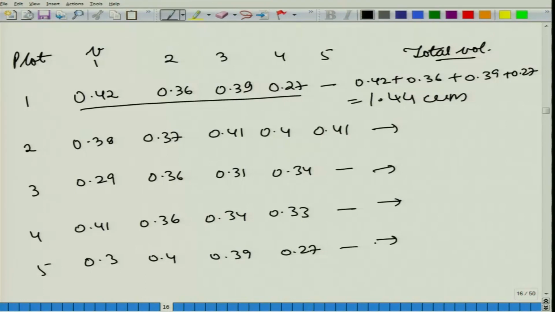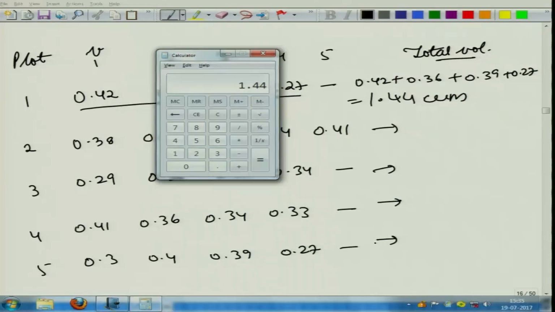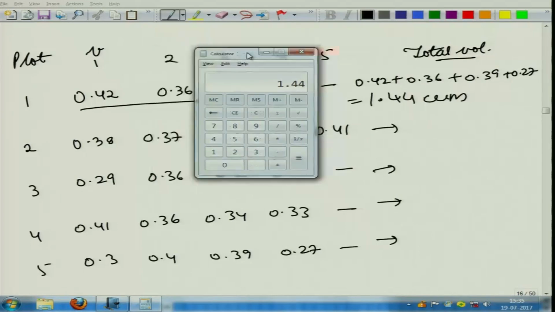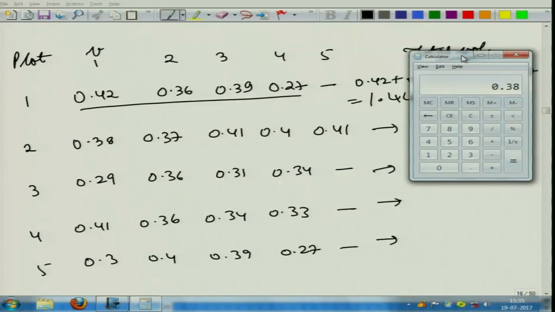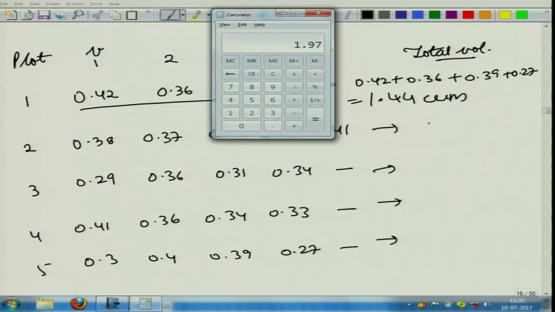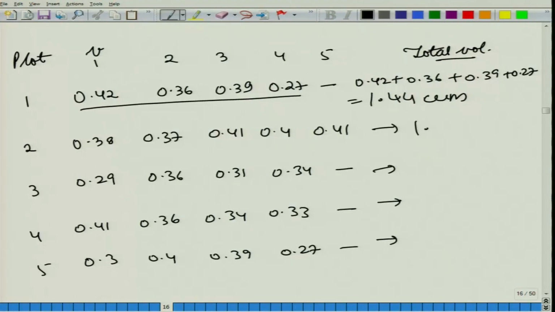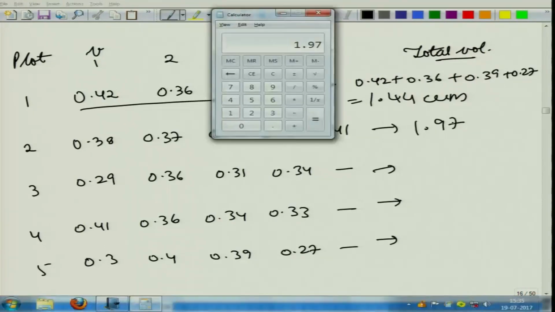So, we can compute the total volumes for each of these sample plots. In the case of the second sample plot, here we have 0.38, 0.37, 0.41, 0.4 and 0.41, so we have 1.97 as the value. In the third one you have 0.29, 0.36, 0.31 and 0.34, which is 1.3.